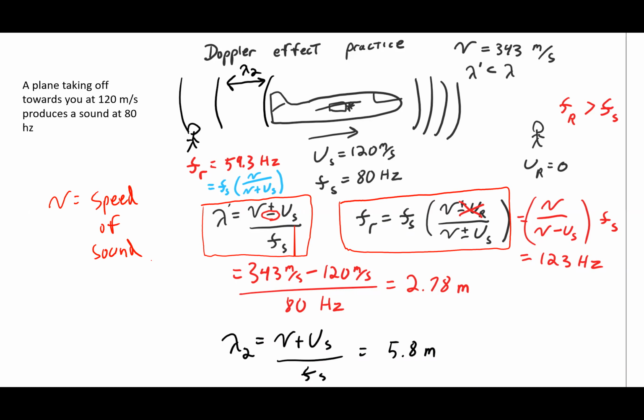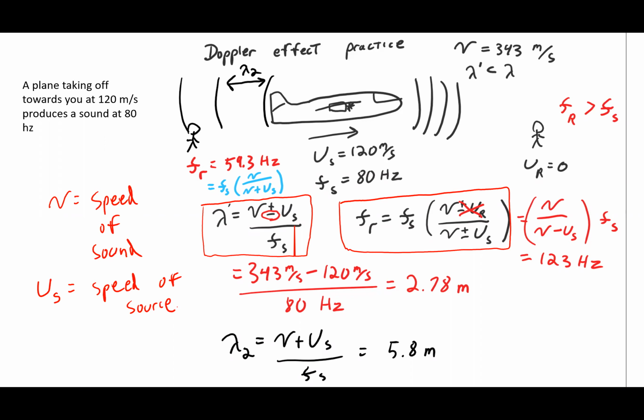The speed of the source, I'm going to use U for, just so I'm not confusing U's and V's. So V is always the speed of sound in these equations. And so the frequency of the source, the velocity of the source, and the speed of sound are used to determine the wavelength. And that has this plus or minus inside the equation.